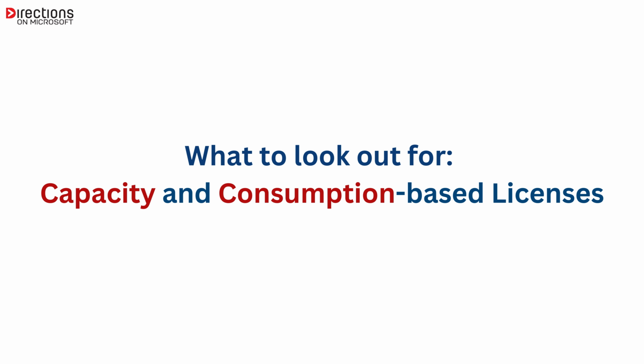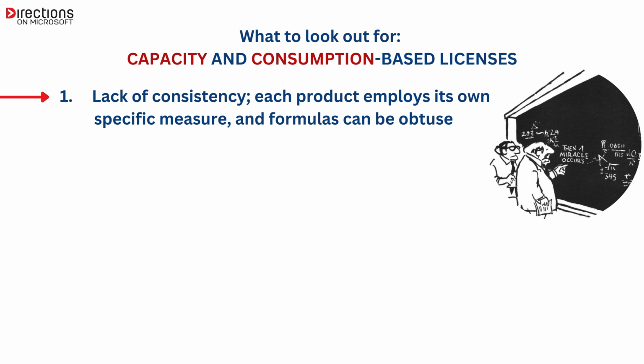I want to emphasize that what comes next is not just relevant to procurement professionals, but also to IT technical folks as well. Why? Because these licensing considerations can absolutely impact how you choose to architect IT systems built on Microsoft technology. What should you be on the lookout with both capacity and consumption licensing? First is that each product employs its own product-specific capacity or consumption measure, and sometimes the formulas are obtuse.